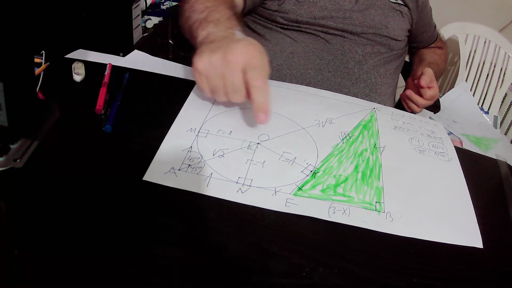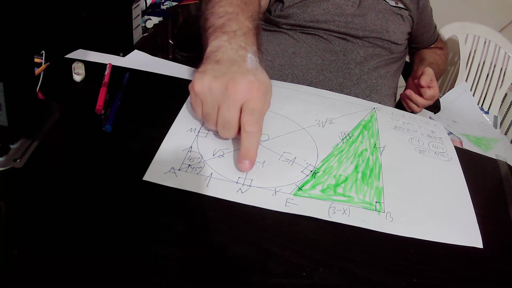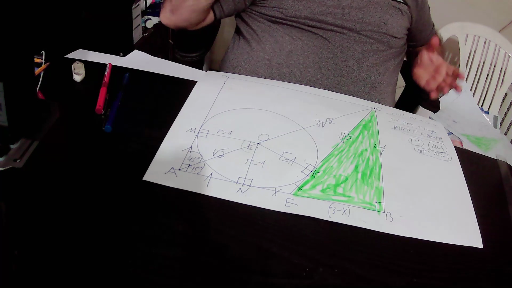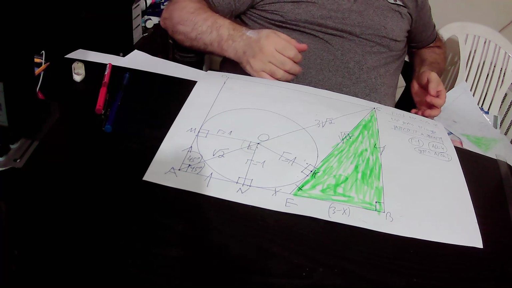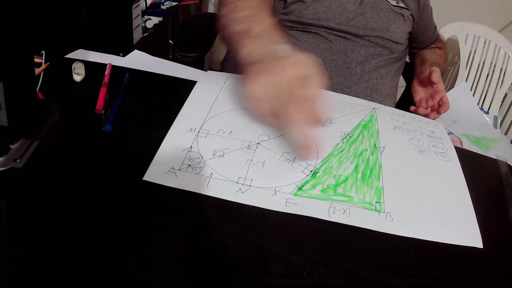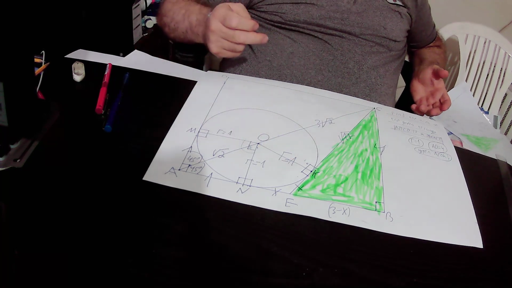We know that tangent AB is tangent to the circle at point N. It means that point N is located on the tangent AB. Therefore, A, N and B are located on the same straight line.